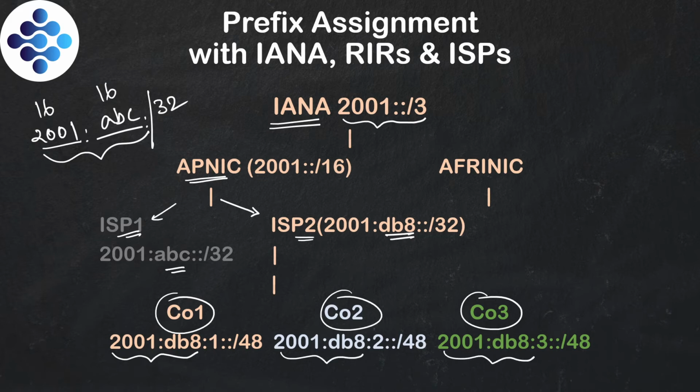They are fixed. But then they play with this third group. And that is different. And that's the reason this prefix changes. It becomes 48, right? So over here, first 48 bits are fixed. So that's how, right from IANA to RIRs to ISP to end users, IPv6 is distributed.